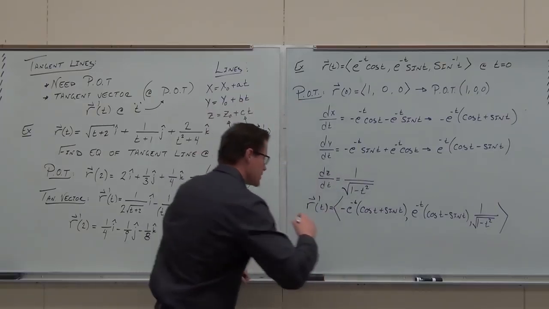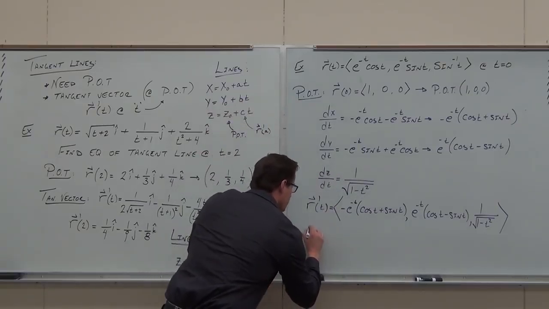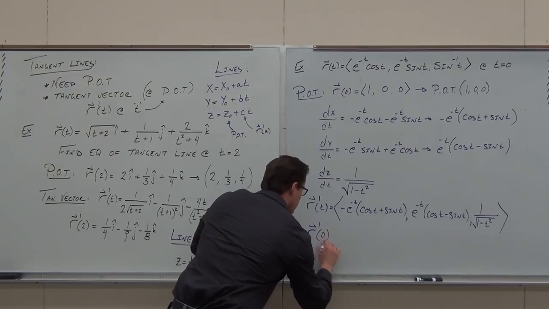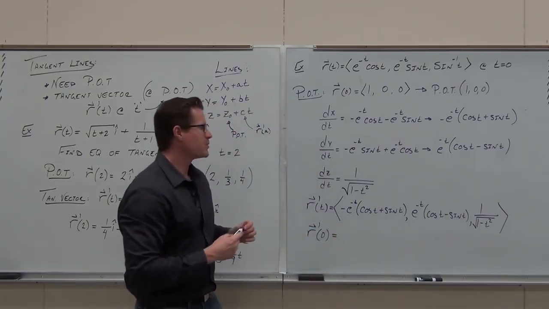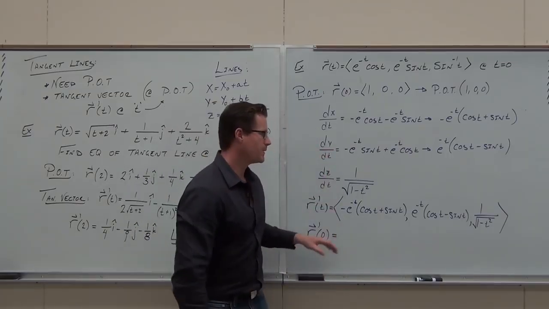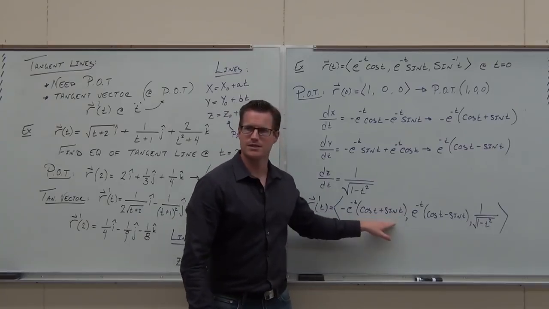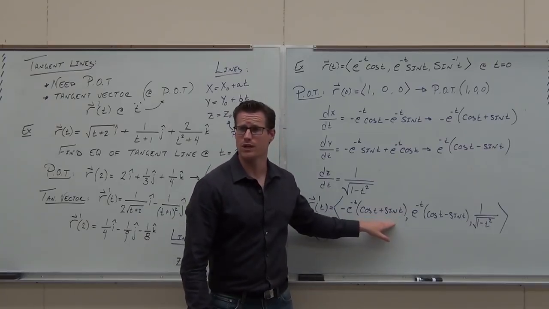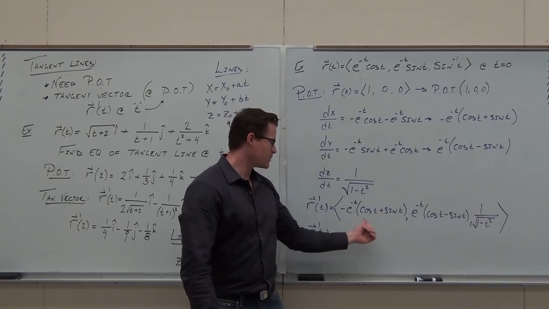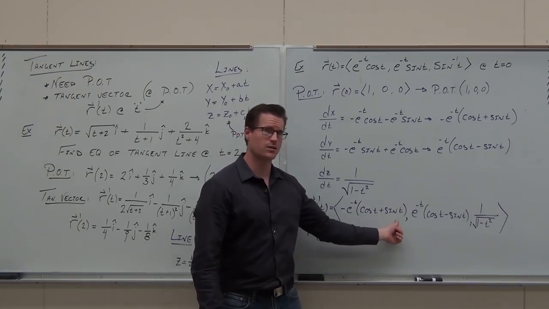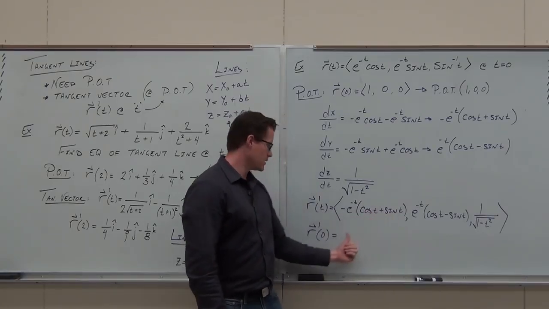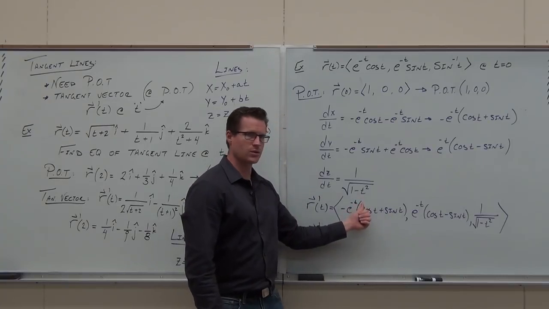So we're going to do it down here. We're almost done. If we plug in the 0, the reason why we sometimes organize these like this is because it makes a lot of our work easier. So for instance, if I plug in 0 here, I know that's 1, I know that's 0. So this whole thing is 1. E to the 0 is also 1.